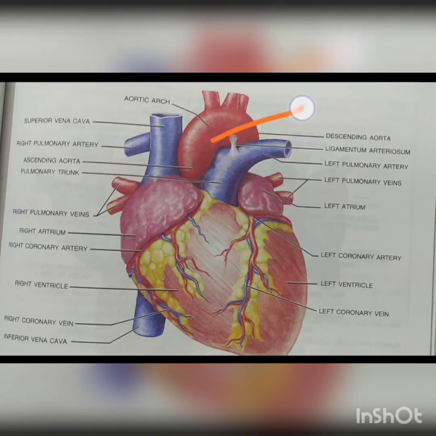The systemic aorta is the largest artery originating from the left ventricle. It receives the oxygenated blood from the left ventricle and distributes it throughout the body. Coronary arteries.